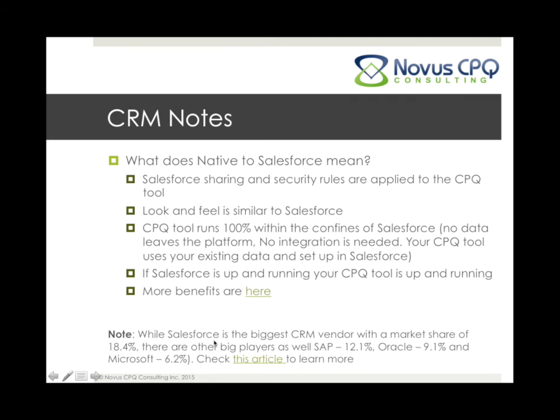Now, a couple of notes concerning the CRM and what native means to Salesforce.com. I think you can read through this. One of the key points I want to mention was that the CPQ tool runs 100% within the confines of Salesforce. So no data leaves the platform, no integration is needed. Your CPQ tool uses your existing data and setup in Salesforce.